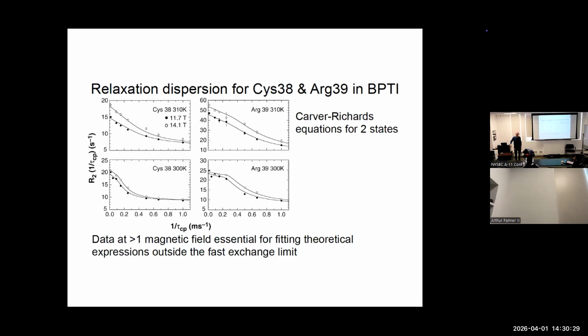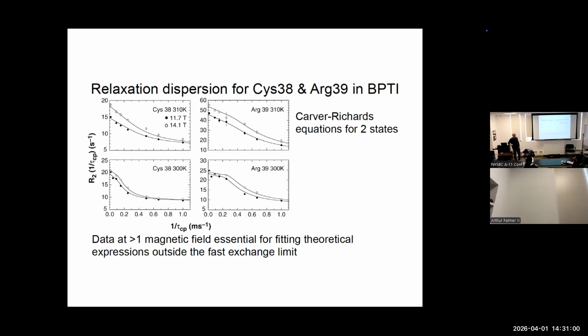So if we collected data at 500 and at 600 megahertz, if we're in the fast limit, we should be scaling by the ratio of delta omega squared, so 6 over 5 squared. And that's almost what we see for cis38 at 310. Fast limit, the prediction is scaling by delta omega squared. Slow limit, the prediction is no scaling, nothing whatsoever.